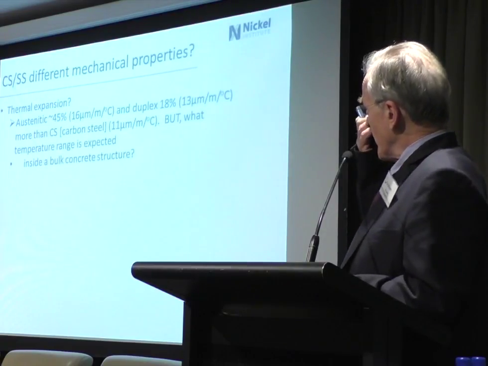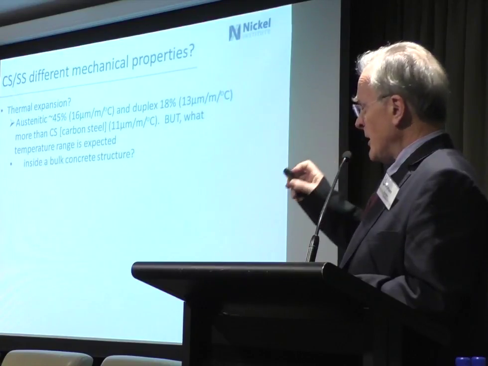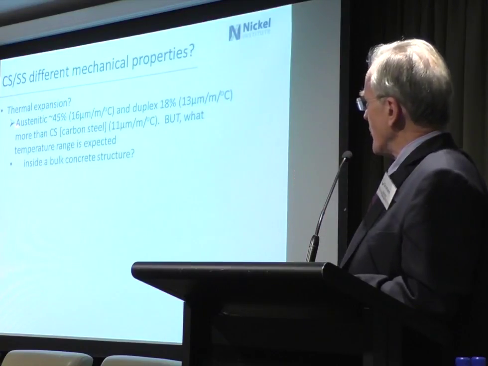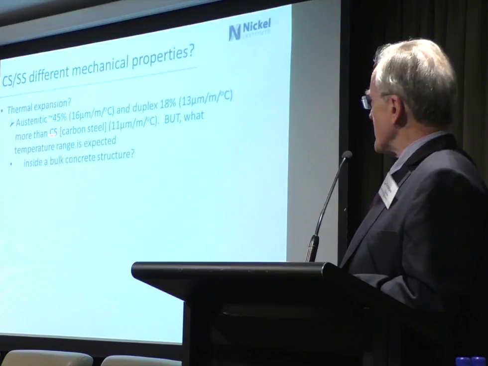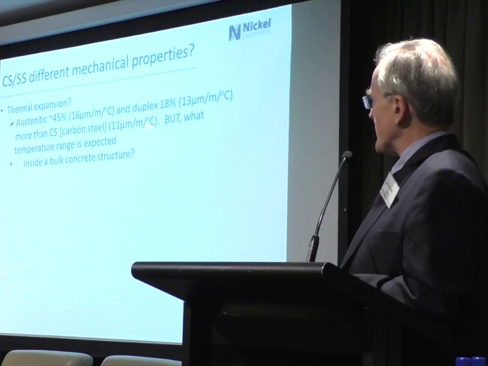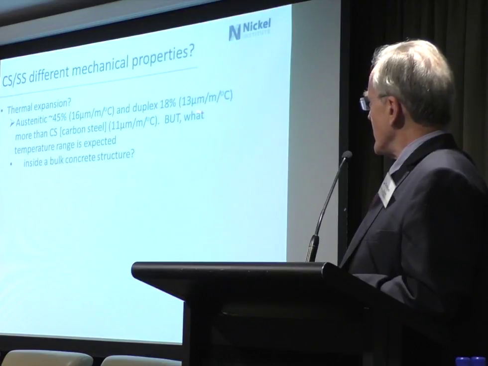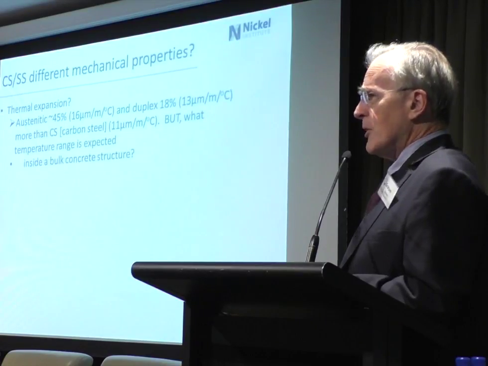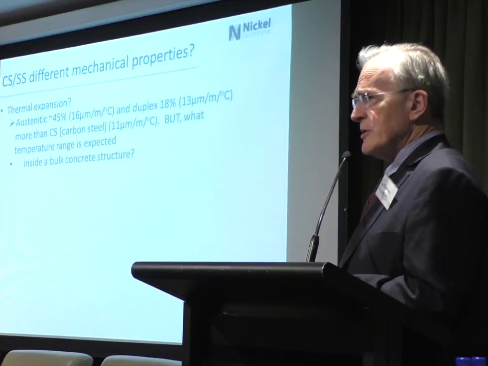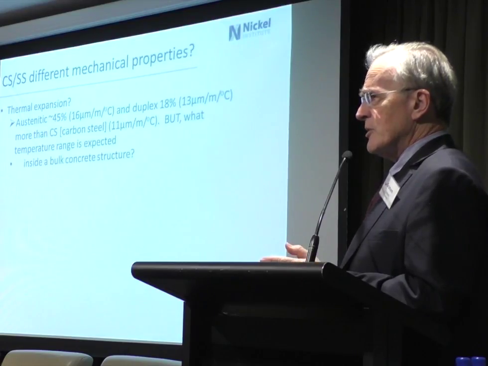Okay, thermal expansion. The thermal expansion of austenitics is about 45% more than carbon steel. For duplex, it's about 18% more. These are just the numbers. And therefore, what happens if the temperature changes? Is this going to be an issue?